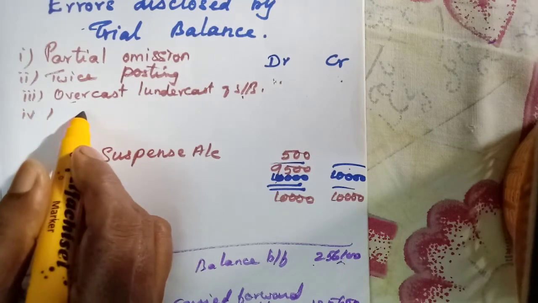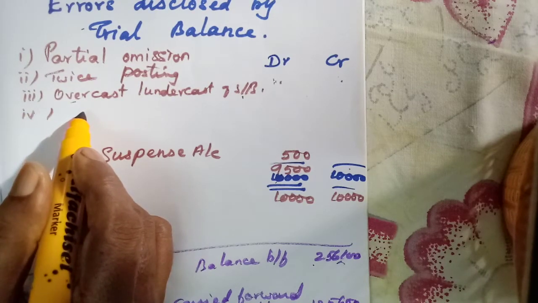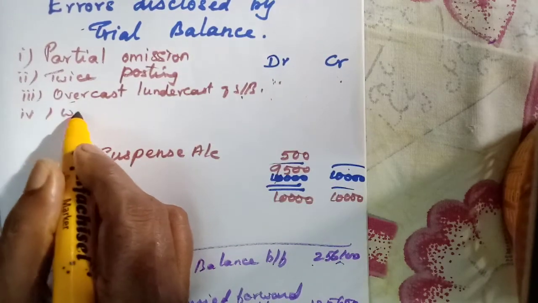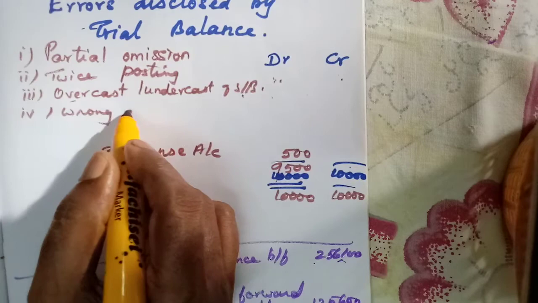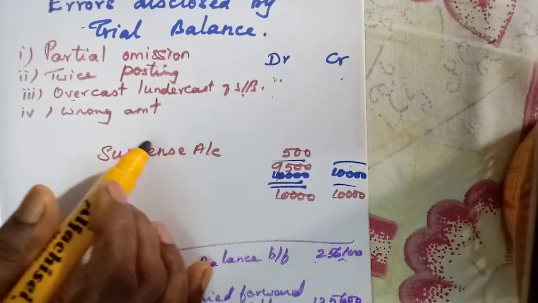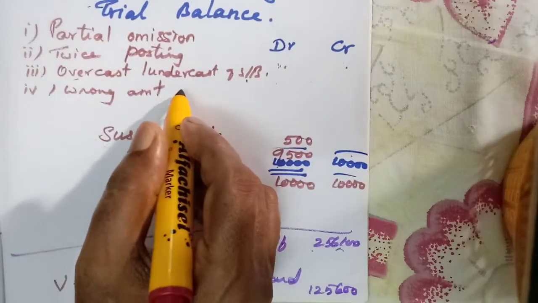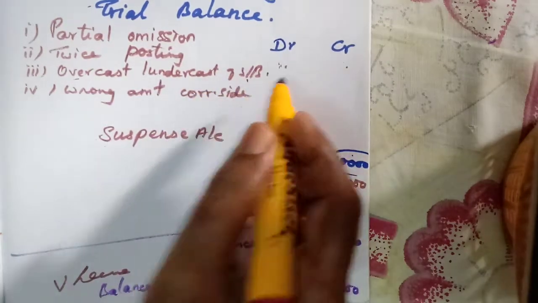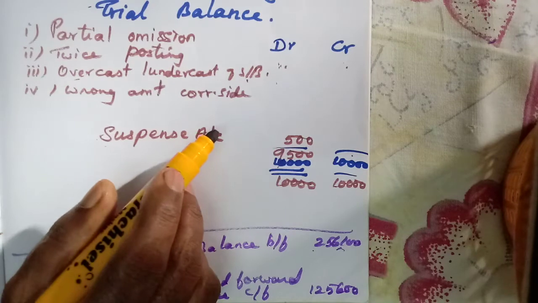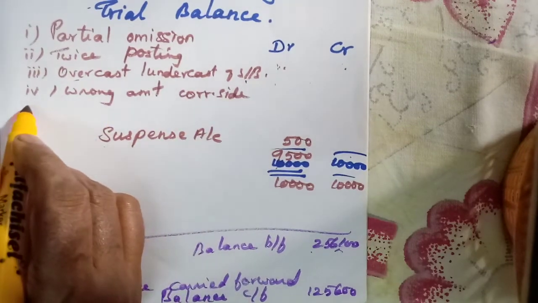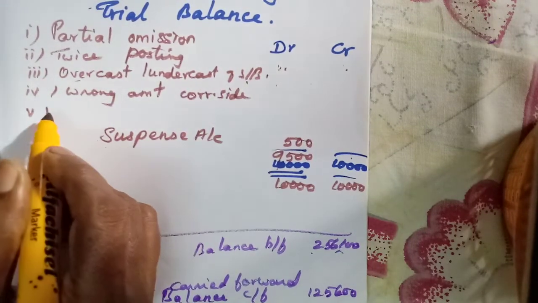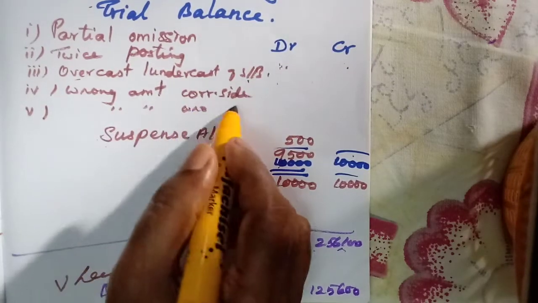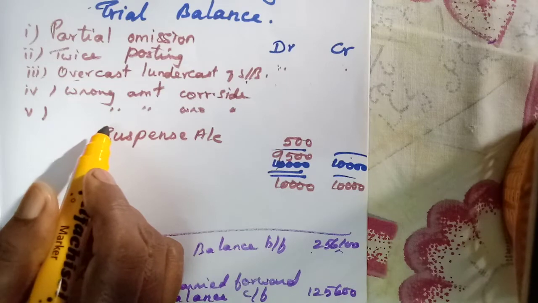Then at the time of posting, if we have posted the wrong amount to the correct side, we have already learned all these things, it will not get tally, okay. That means it will show difference. Then wrong amount to the wrong side also will be shown, okay.